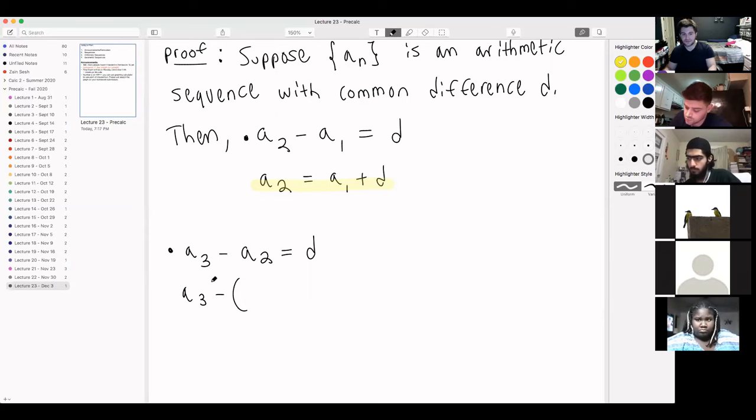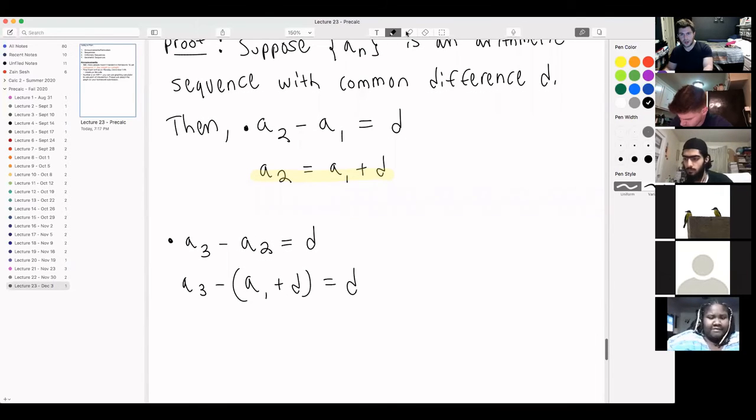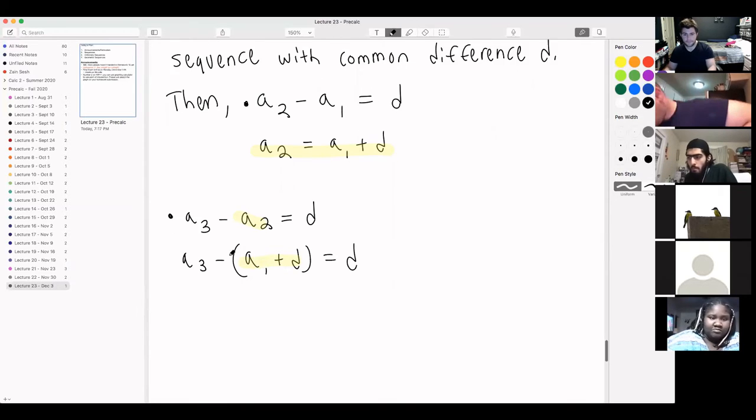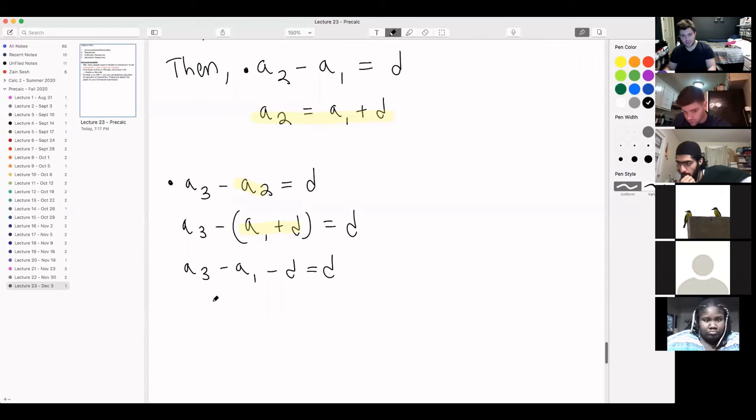So it's a3 minus a sub 2, which is a sub 1 plus d, and that's equal to d. I replaced a sub 2 with its equivalent expression, a1 plus d. Now you can distribute the minus sign here. This is a sub 3 minus a1 minus d is equal to d. Solve this for a3. You'll get a sub 3 is equal to a sub 1 plus 2d.